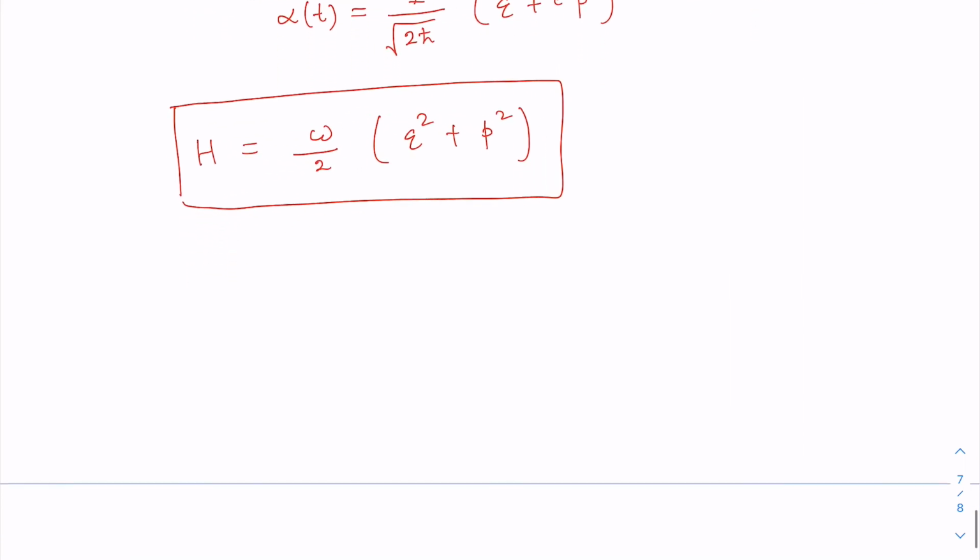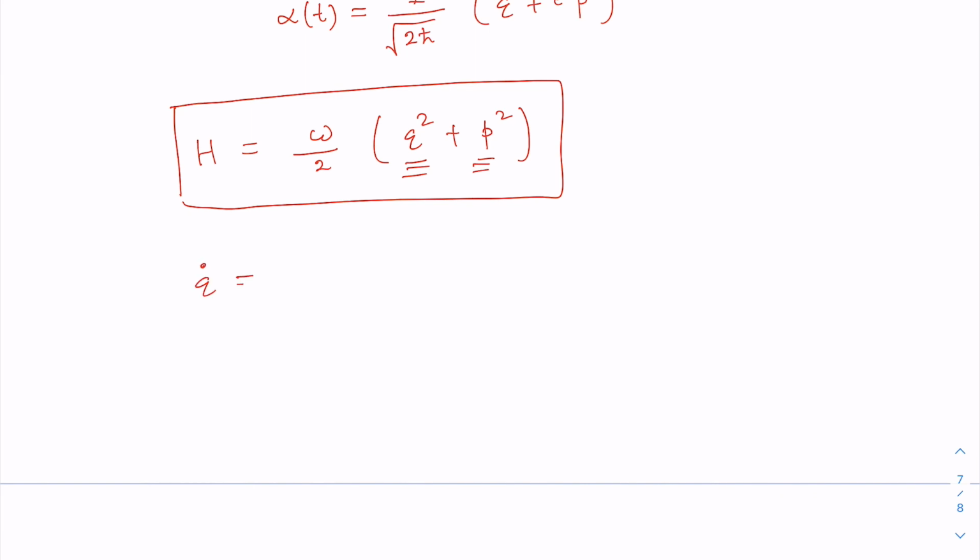Now we are actually ready for quantization. The task at hand now is to convince ourselves that q and p are canonically conjugate variables. We know that q and p are canonically conjugate variables provided they satisfy the so-called Hamilton's equations of motion.